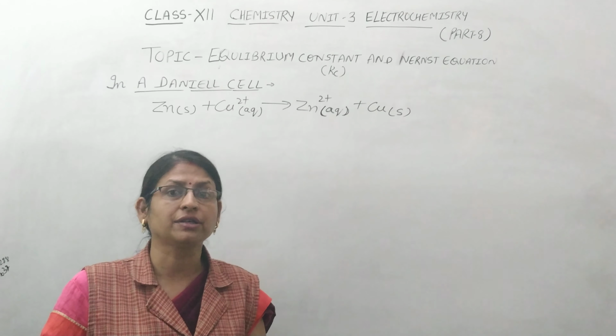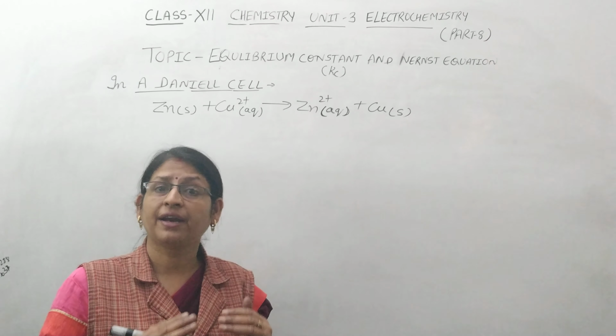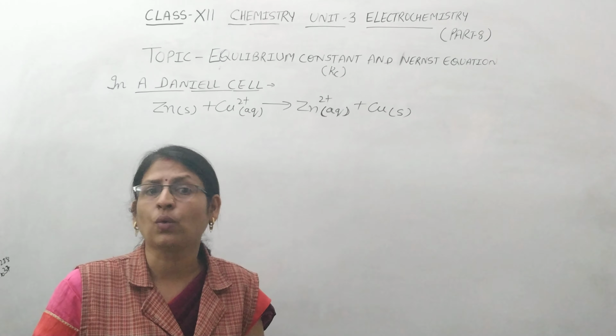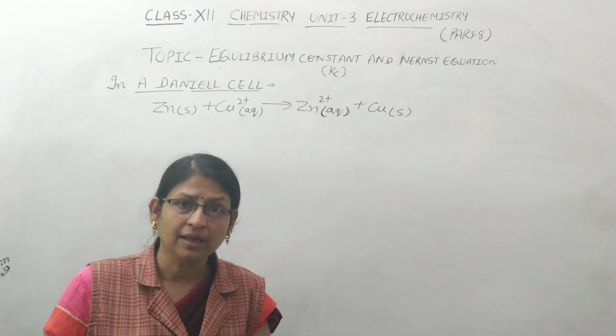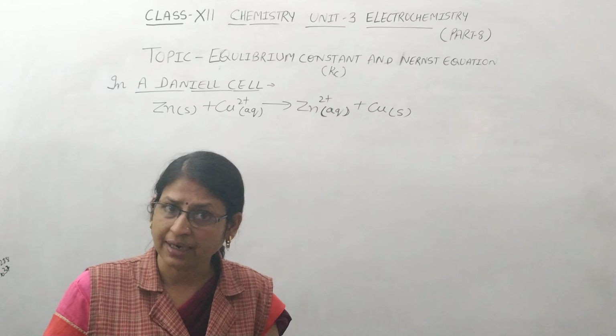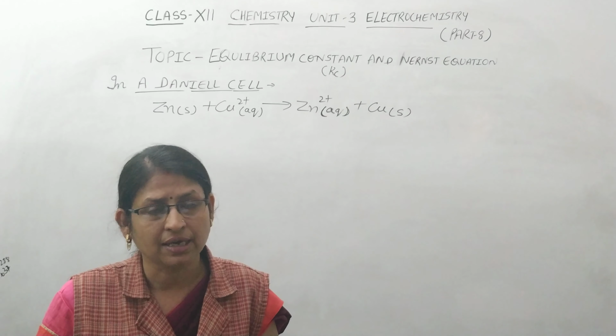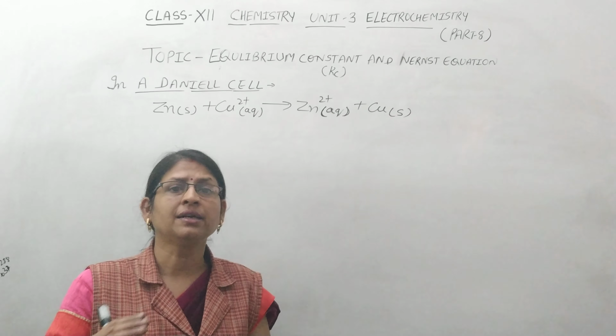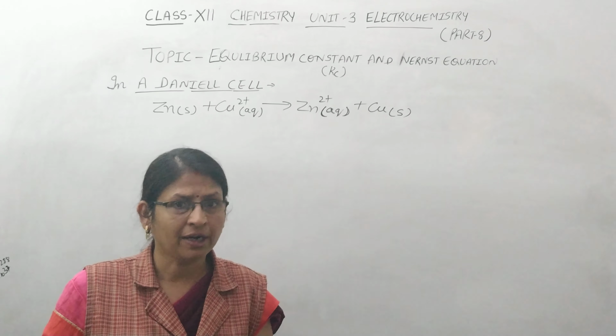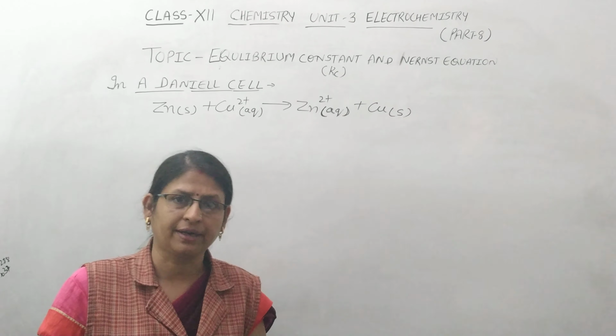In a reversible reaction, you know, when the rate of forward reaction is equal to the rate of backward reaction, then equilibrium is maintained. And it is shown by equilibrium constant Kc, which is equal to the concentration of product divided by the concentration of reactant. This we all studied in 11th class.